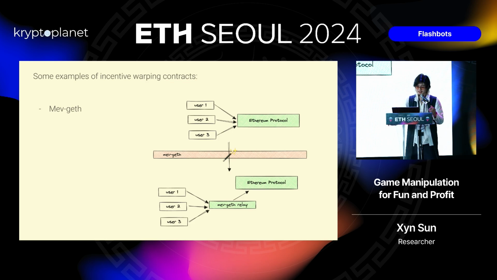So it could be seen as an incentive warping contract on top of the existing Ethereum protocol that acts as this, say, collusion or bribery device that people use.